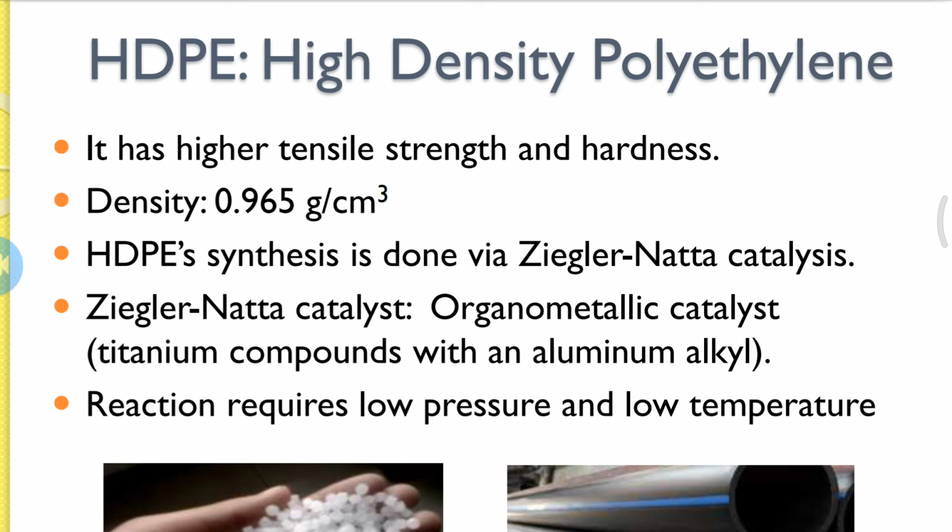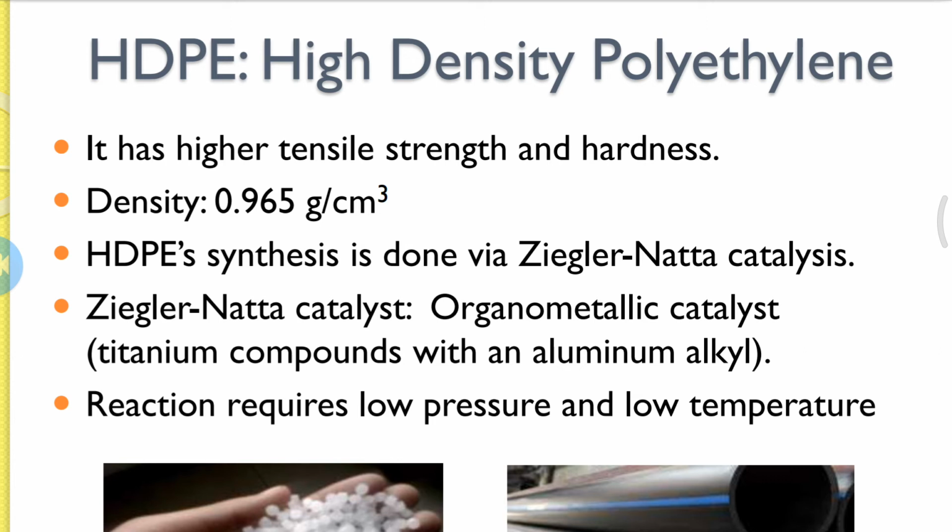HDPE synthesis is done by using Ziegler-Natta catalyst. Ziegler-Natta catalyst is an organometallic catalyst in which a titanium compound is used with aluminum alkyl. What is the Ziegler-Natta catalyst?